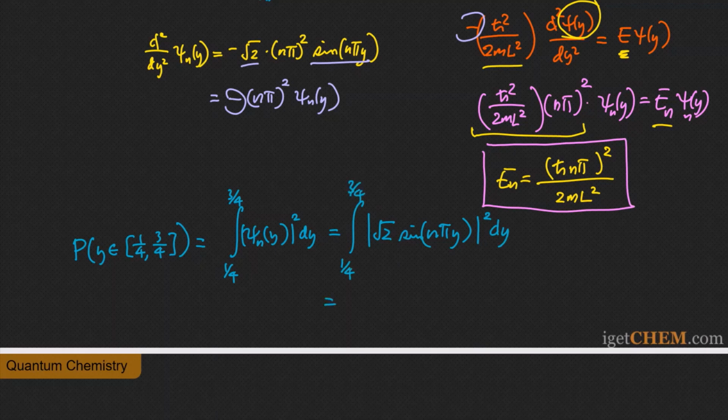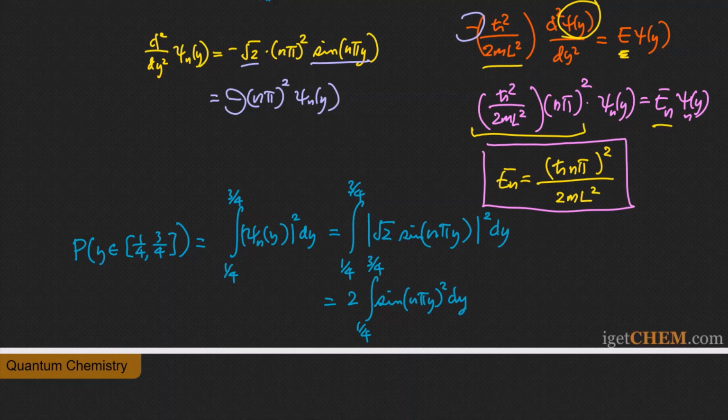So again, what you can do is to do this, and now you have sine squared n pi y dy. You square the √2 and it becomes a 2. So this is the only integral you have to do, right?